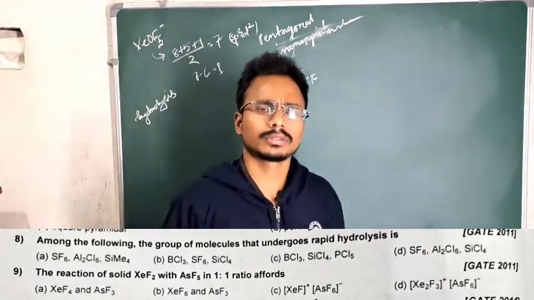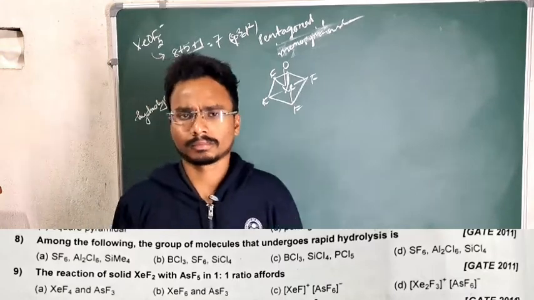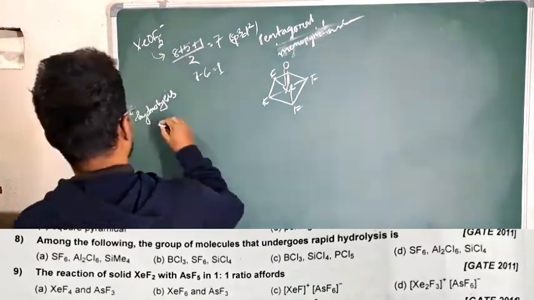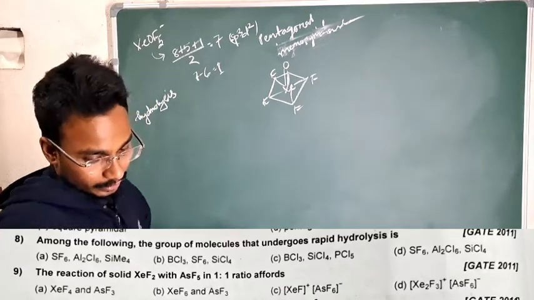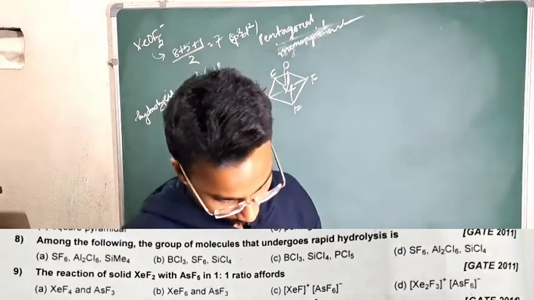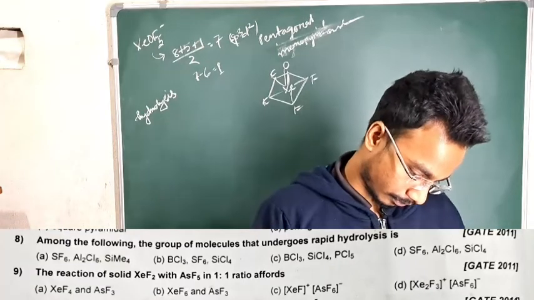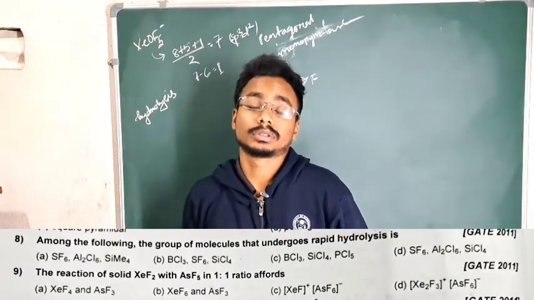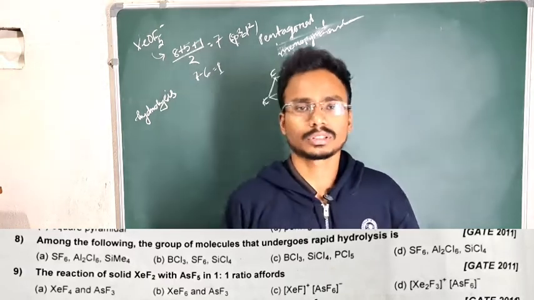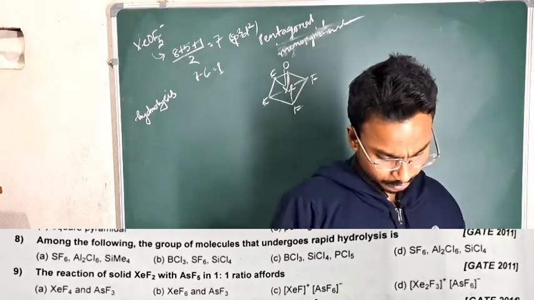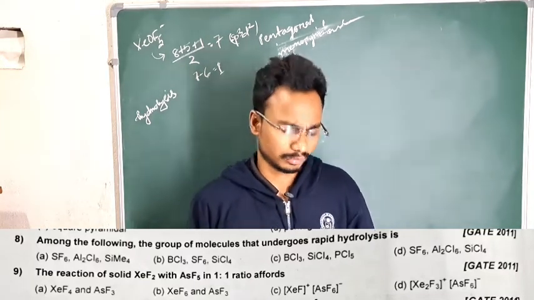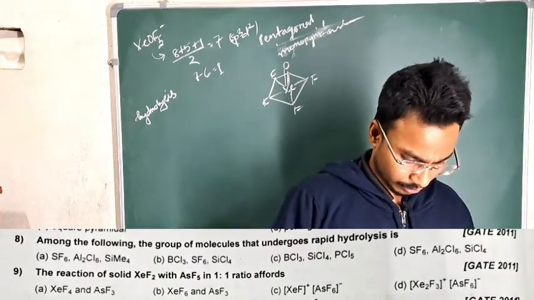When a vacant orbital will be there, tell me the answers in the comment section, then I will solve this. See, the options are given like this. SF6. You need a big central atom because water molecule will come. In SF6, fluorine atoms are there, much steric hindrance is there, so it will be difficult for water to come.